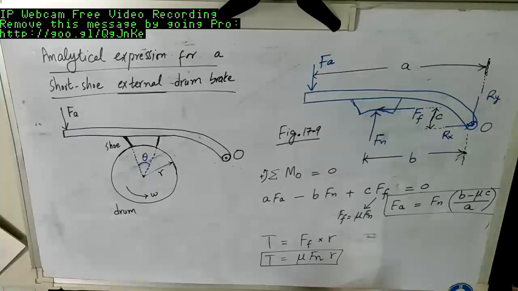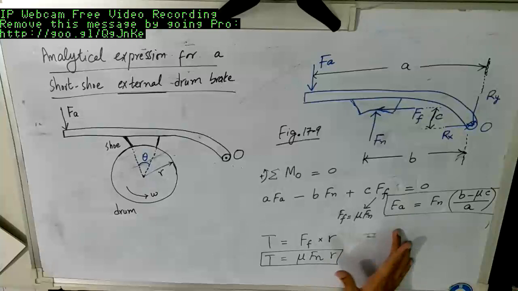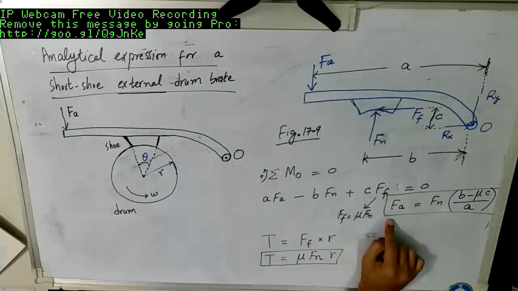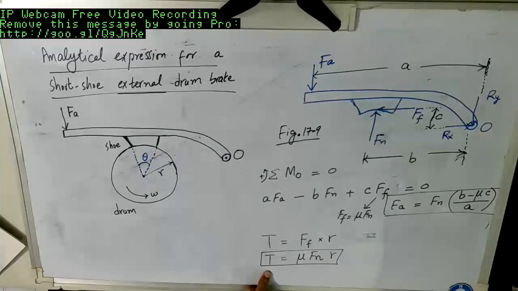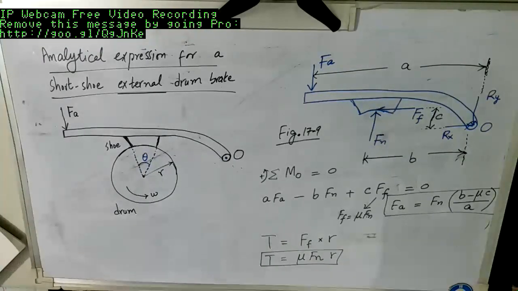And if you recall, in case of disc brakes, we also had two expressions, one for the actuating force and the other for the transmitted torque. So we have found equivalent relationships in this case as well.